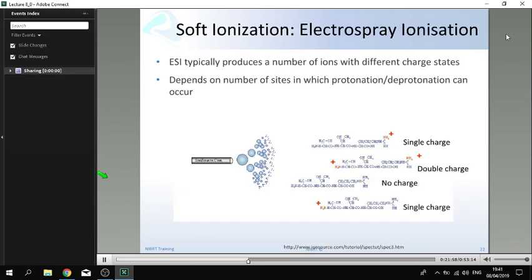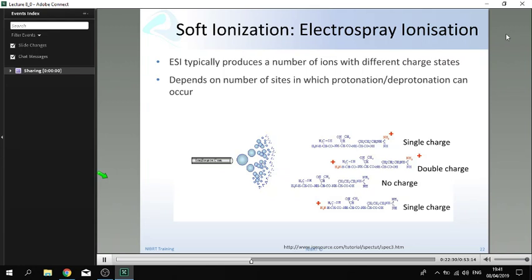So, for example, if we use something like that, ESI will typically produce a number of ions with different charge states, and that will depend on the number of sites in which protonation or deprotonation can occur. So as you can see here, if we use electrospray ionization to ionize a protein, the protein will actually not shatter into fragments, but it might gain a proton or lose a proton on either side or on some areas of it.